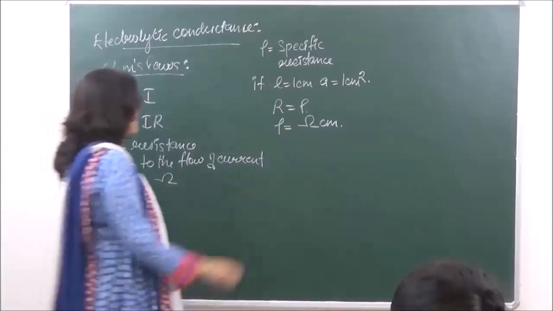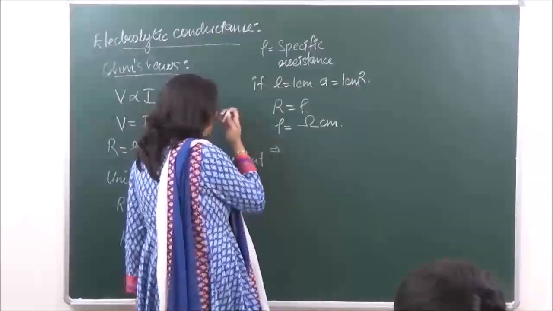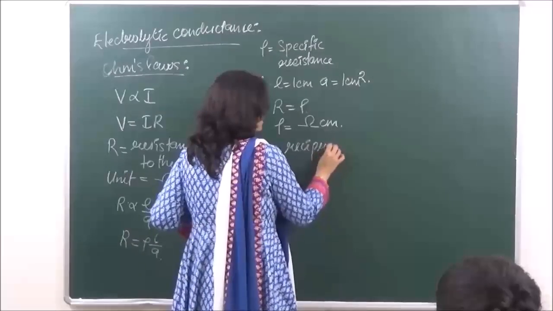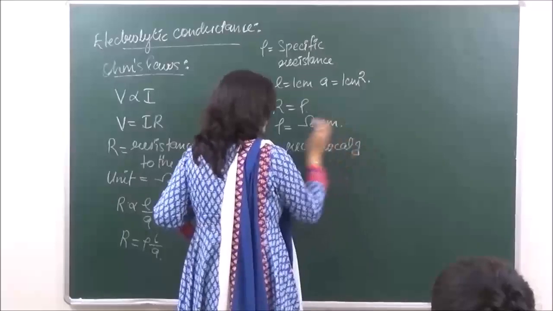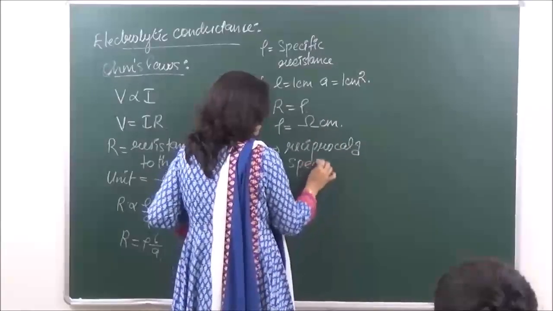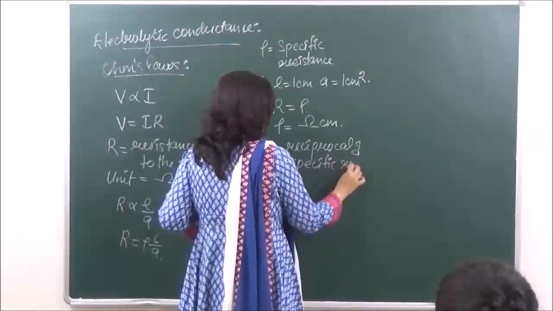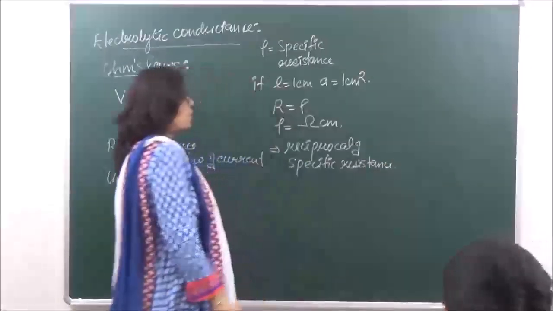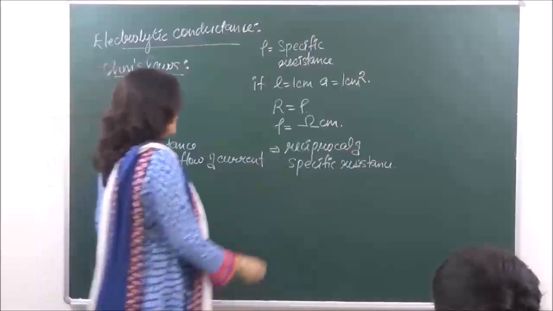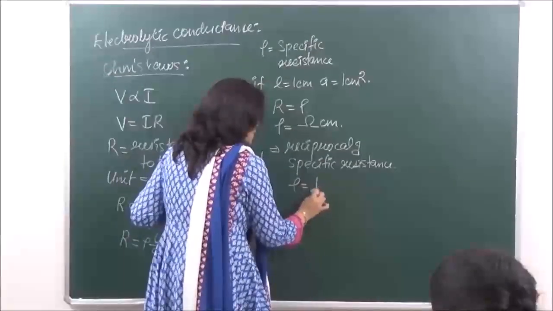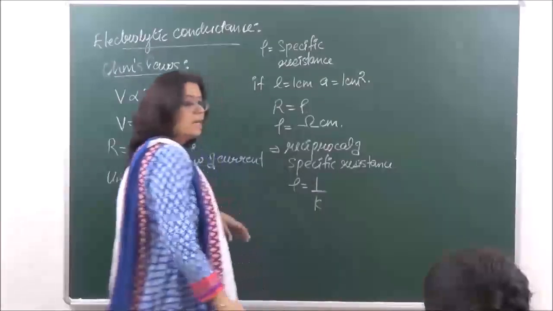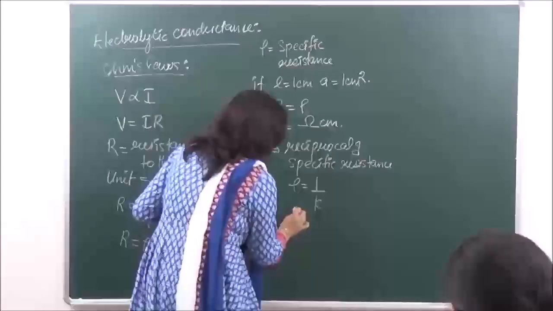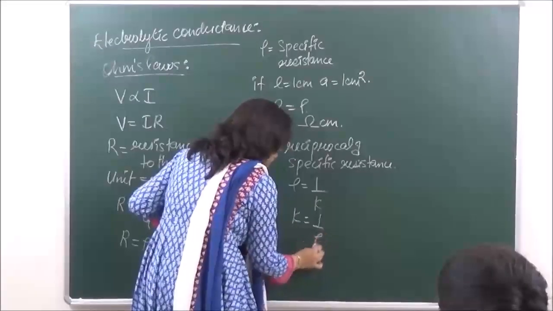So the reciprocal of specific resistance is denoted by kappa, so kappa equals 1 upon rho.